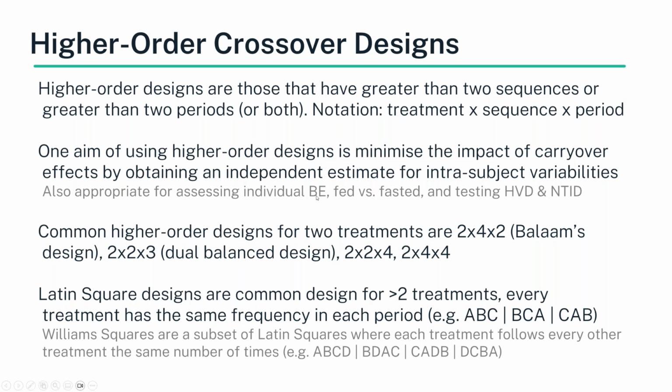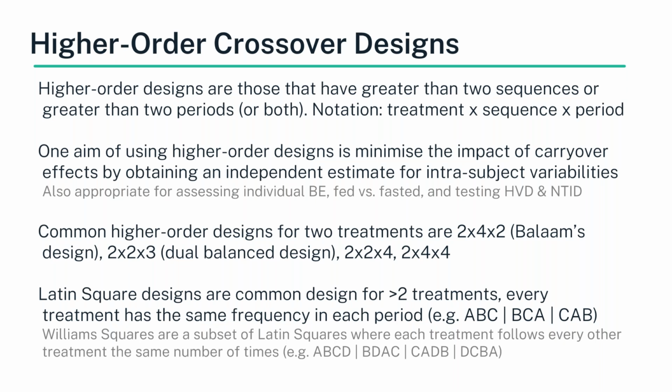So common designs for higher order crossover with 2 treatments are the 2x4x2, which is also called Balaam's design. This is a fully replicated modification of the 2x2 design. It adds 2 additional sequences, which are a test-test sequence and a reference-reference sequence.